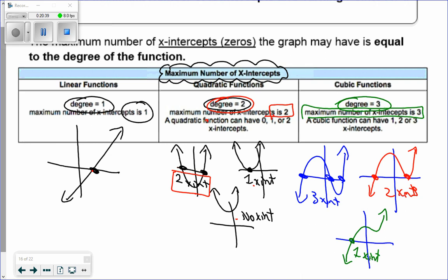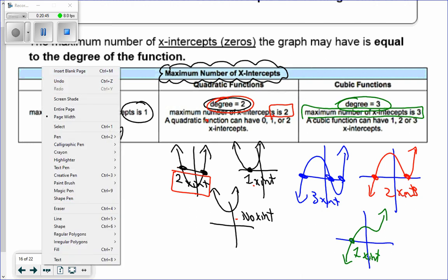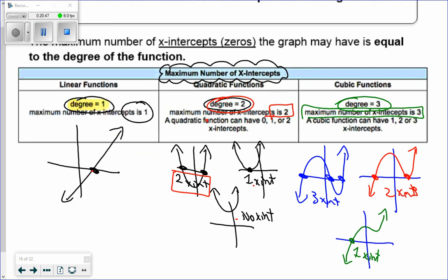Do you notice a pattern between the degree and the maximum number? It is the same. What do I want you to get out of that?